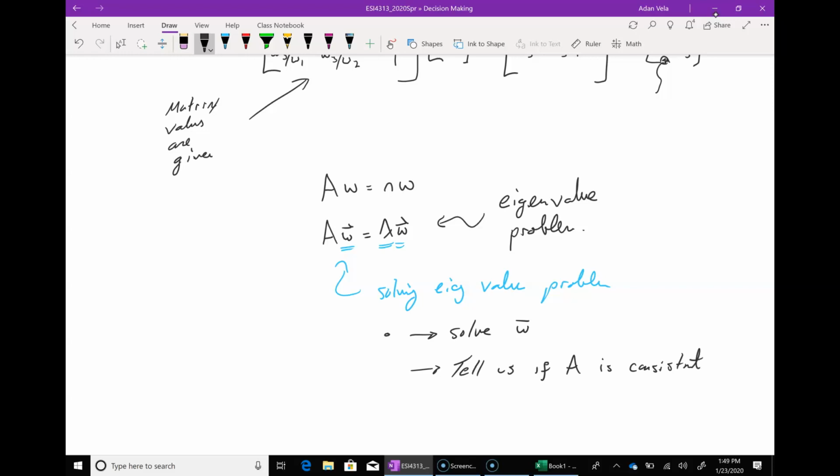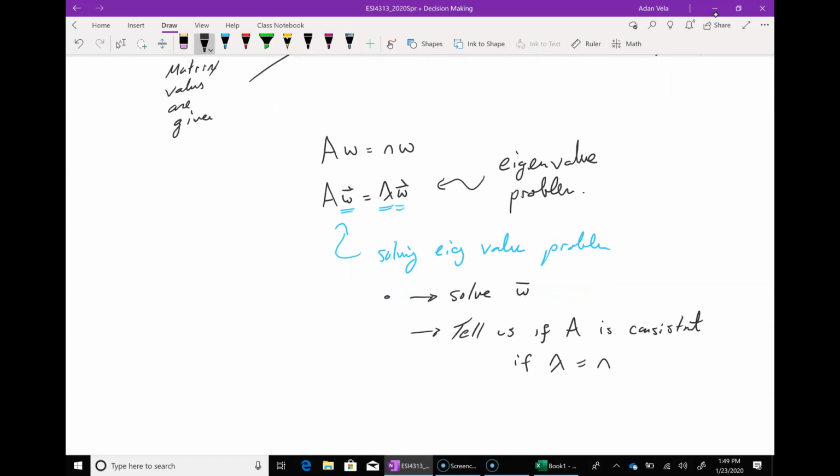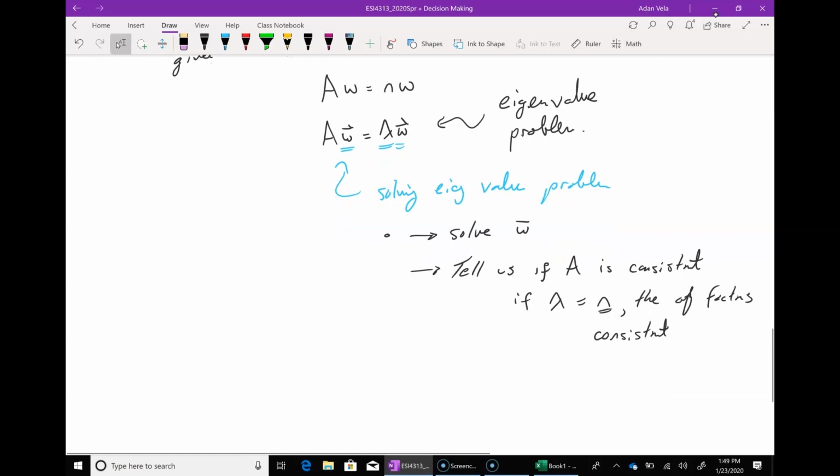So the way we're going to know if A is consistent is if lambda, the eigenvalue that we solve for here, is equal to n, the number of factors, then we're consistent. Else, if lambda is not equal to n, then we're not consistent.